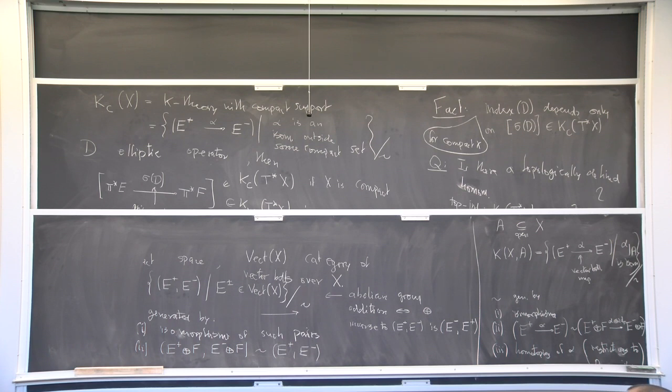Vector bundles can be described by their transition functions, and in the same way K-theory classes can be defined in terms of transition functions. So if you prefer that, you could use an atlas and then produce transition functions for any double overlaps.